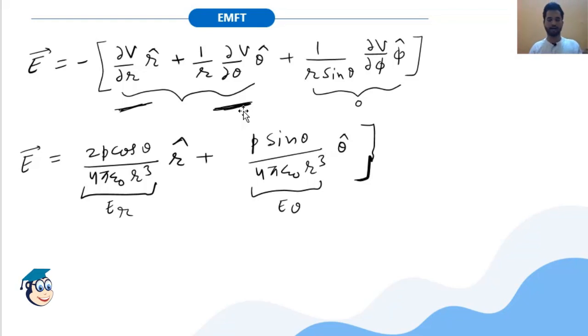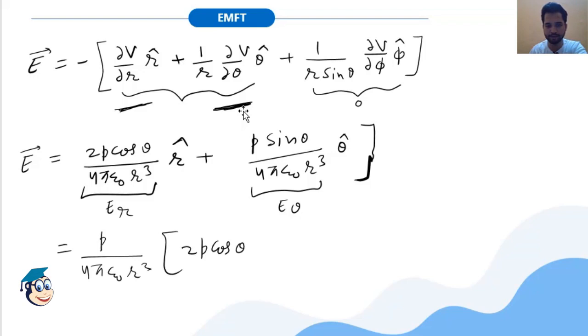The components of the electric field in the r cap and theta cap directions are E_r and E_theta respectively. Now you can take something common and write this quantity as p over 4 pi epsilon naught r cubed, times 2p cos theta r cap plus p sin theta theta cap.